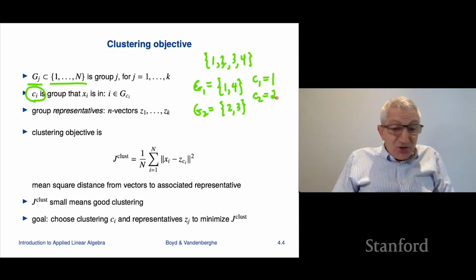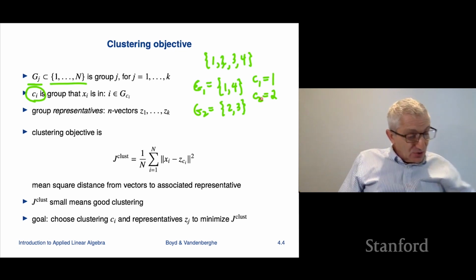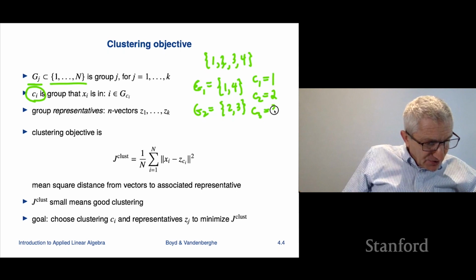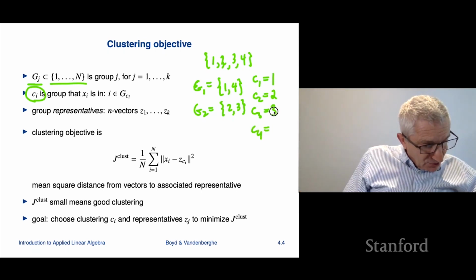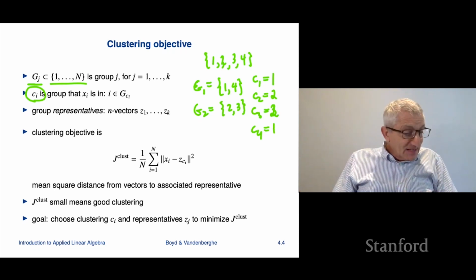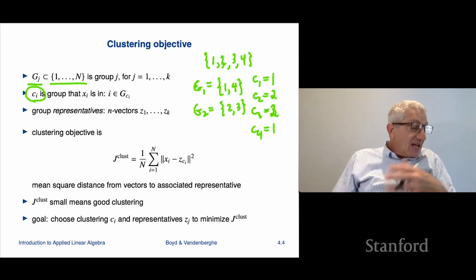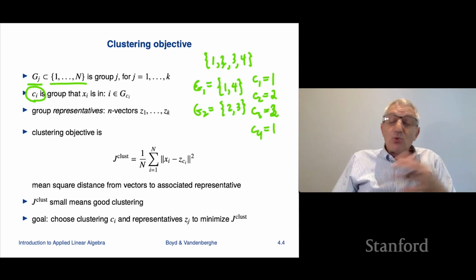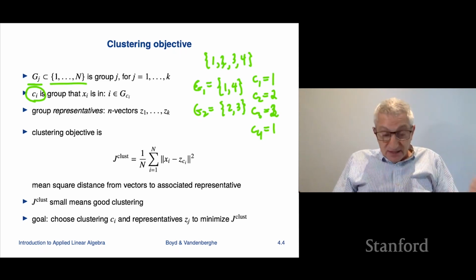Because this says that item 1 is in group 1. You can see that from here. And so C1 is 1, C2 equals 2, C3 equals 2, and C4 is 1, sorry. So these are 2 ways that we'll use to describe the clusters, right?